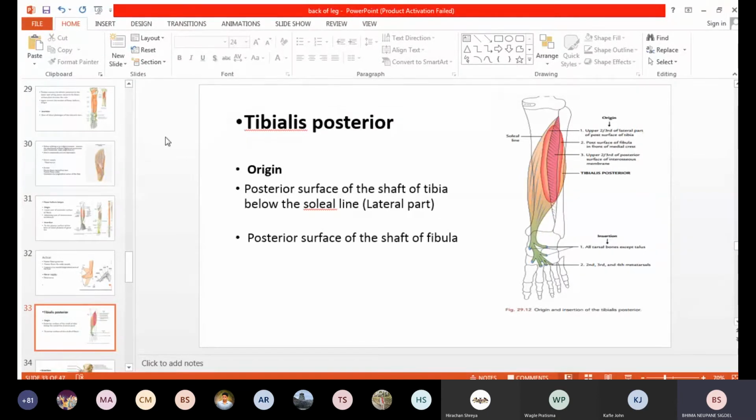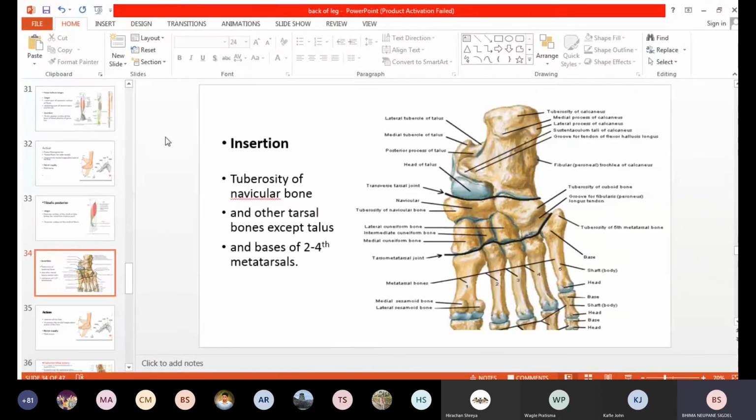Now the insertion. You have to remember that it inserts into all the tarsal bones except the talus. First is the tuberosity of the navicular bone, here you can see.